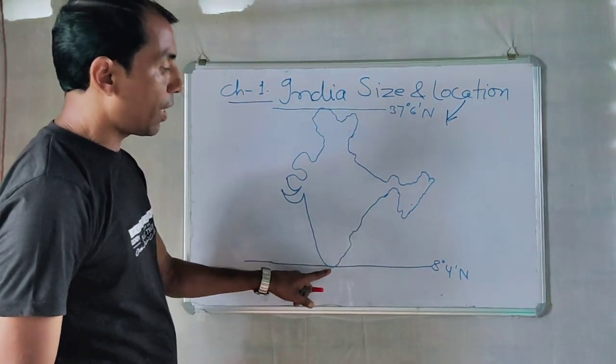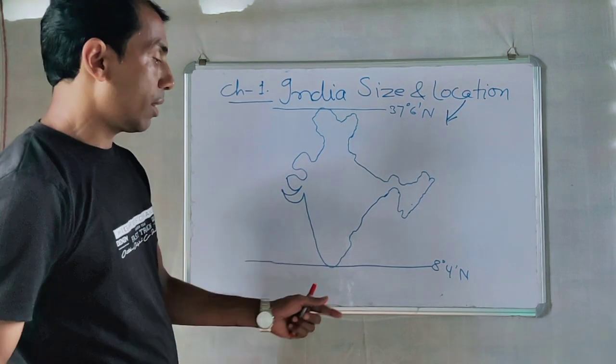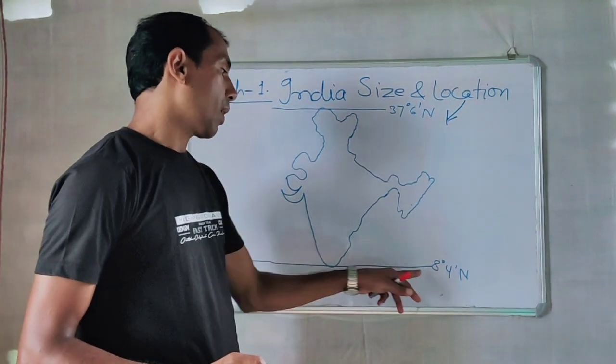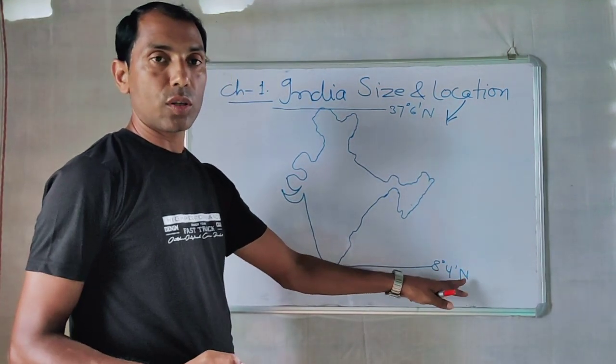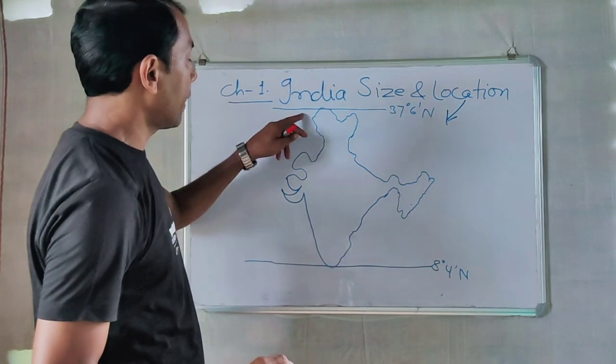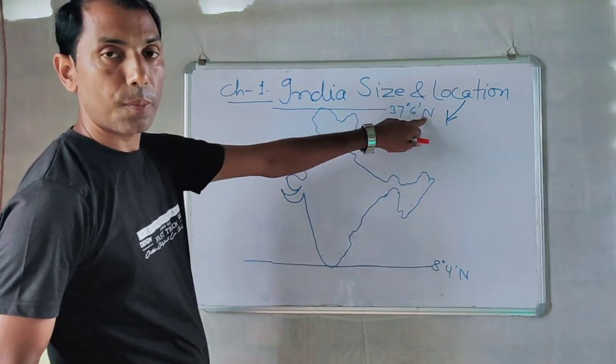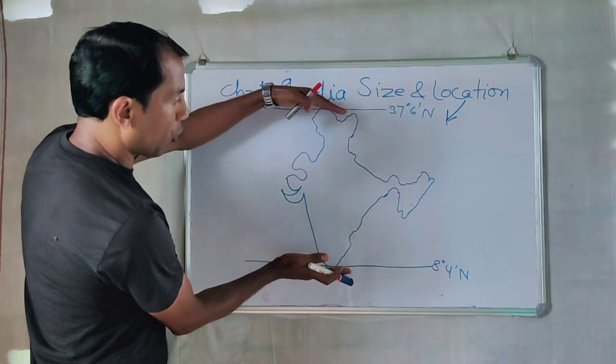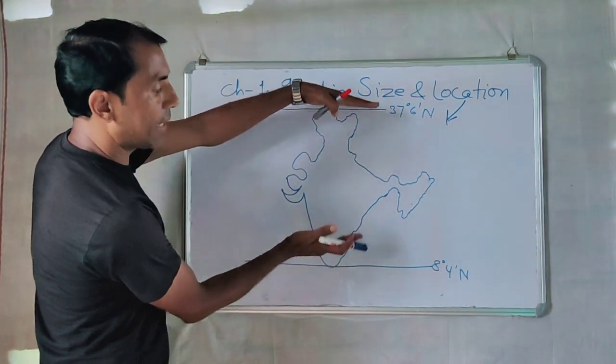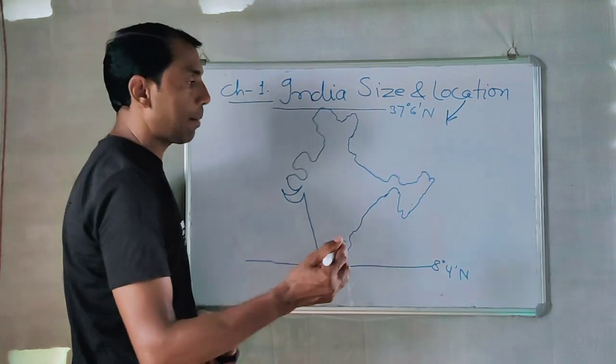The southern point of India has the latitudinal location 8° 4' north, right, and at the top 37° 6' north. So the whole part is lying in the northern hemisphere.